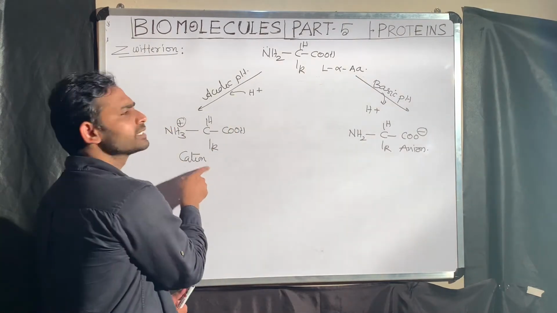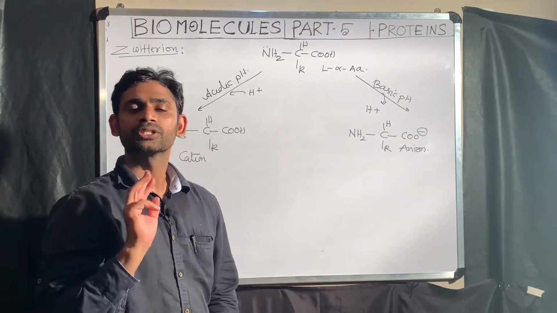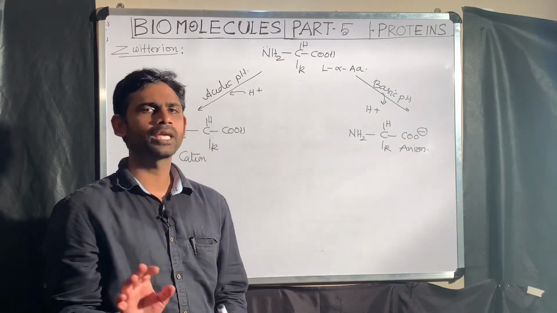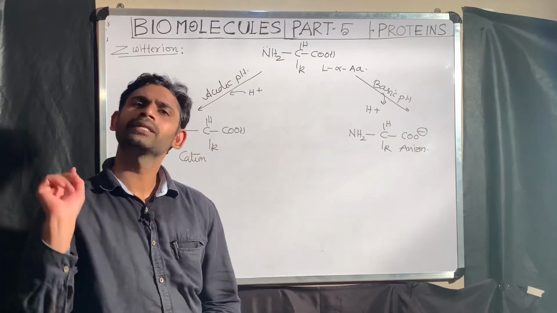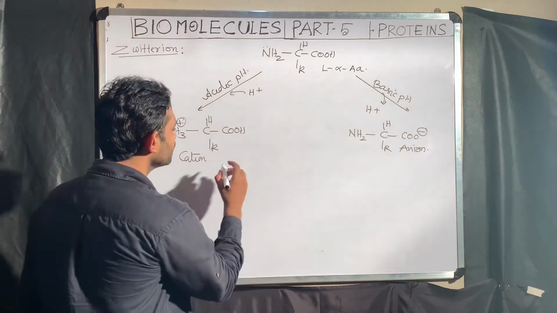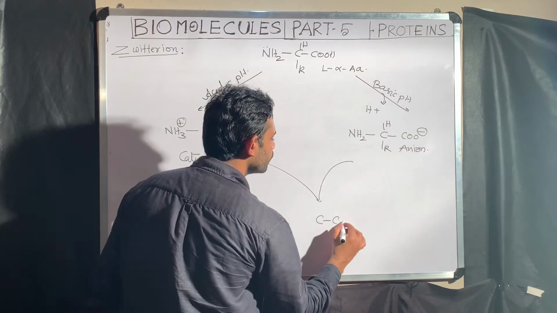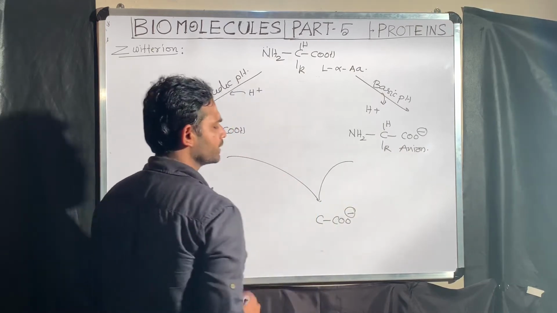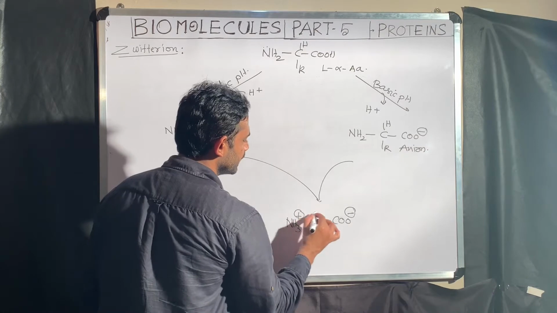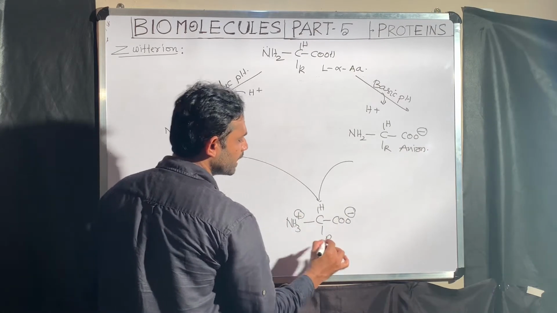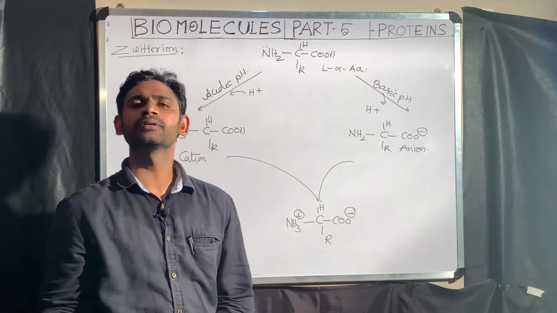Now, this is one condition. That is another condition, basic condition. Third condition, acidic, basic, we cannot tell. It is a particular pH for a particular amino acid. At that pH, these two combinations, COOH becomes COO minus, NH2 becomes NH3 plus, H and R. Now I am asking you, does this molecule move towards the anode or cathode?